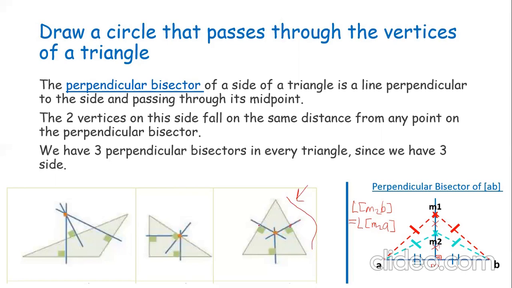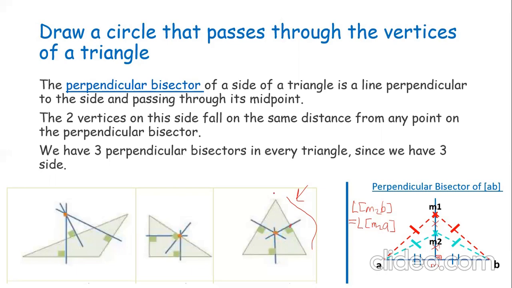Then if I repeat the process for all sides, we notice that those vertical lines, which I call the perpendicular bisectors of the sides, meet at a certain point here. In the case of the acute angled triangle, those perpendicular bisectors of the sides meet in the middle, inside the area of the triangle.